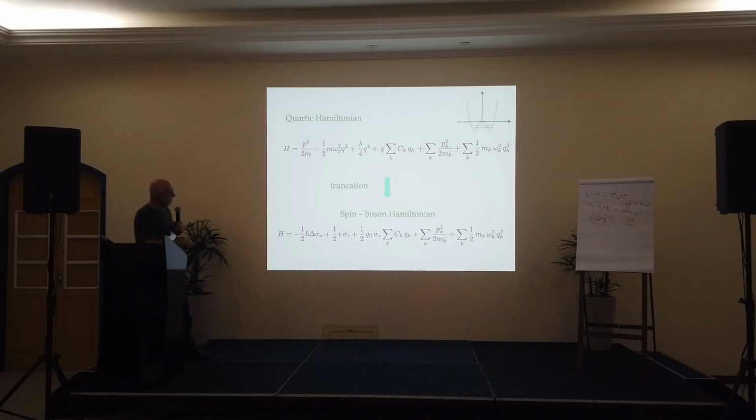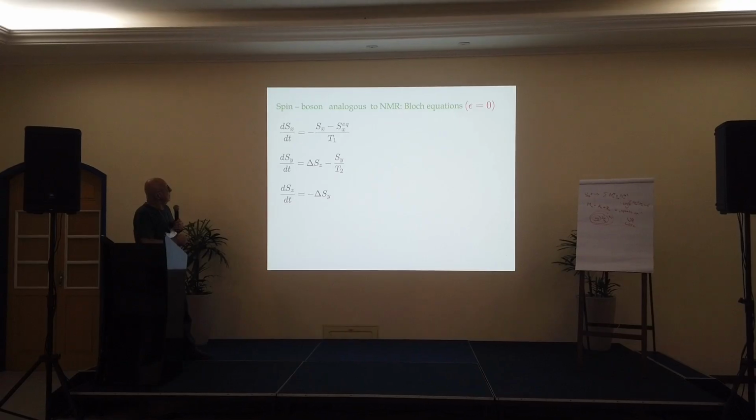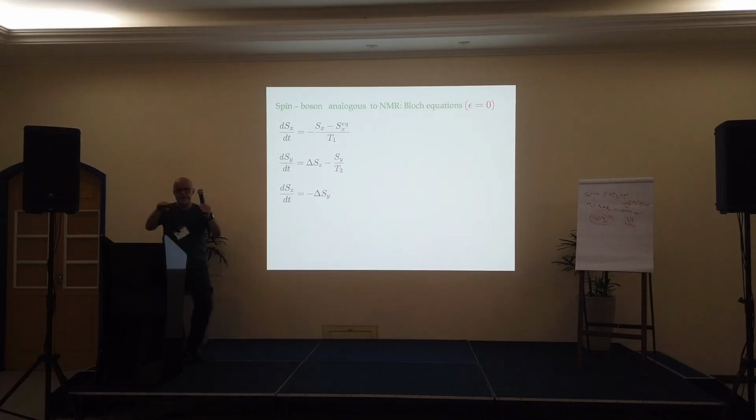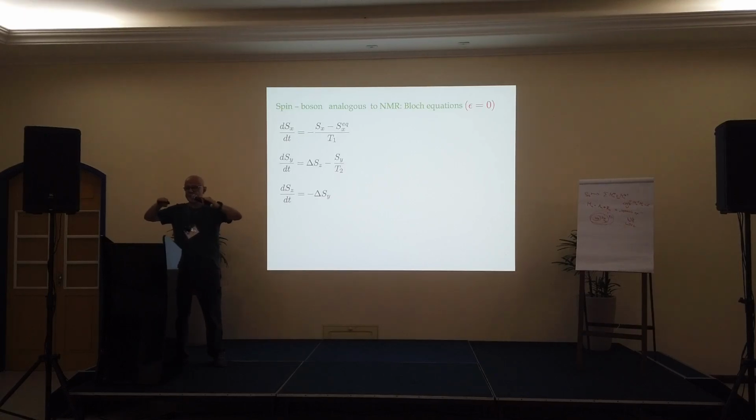And now, it turns out that the equations of motion for the average values of sigma x, sigma z, and so on, obey exactly something like the Bloch equations. Let's take epsilon zero. Epsilon is just what breaks that degeneracy. So if they are completely degenerate, that's what I have.